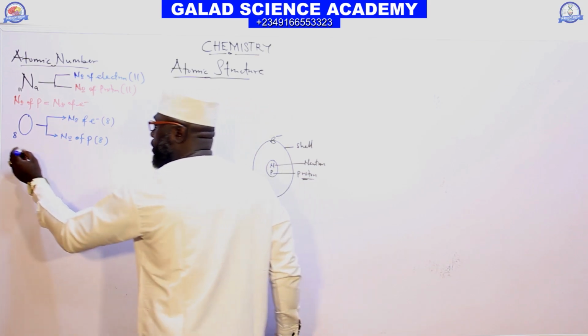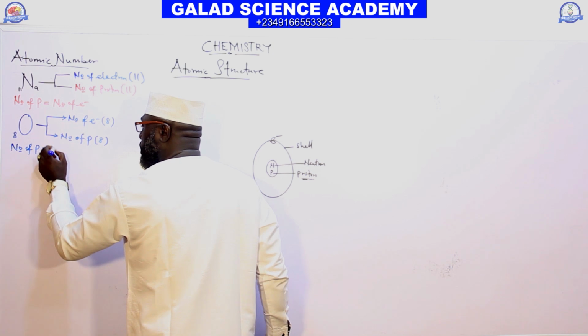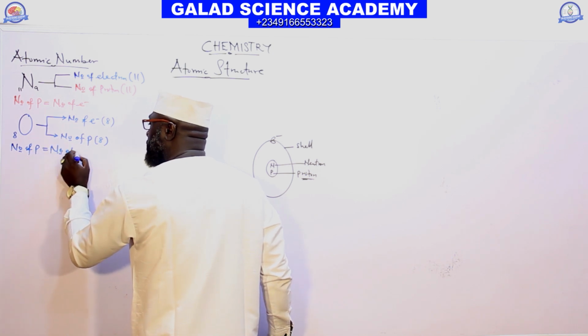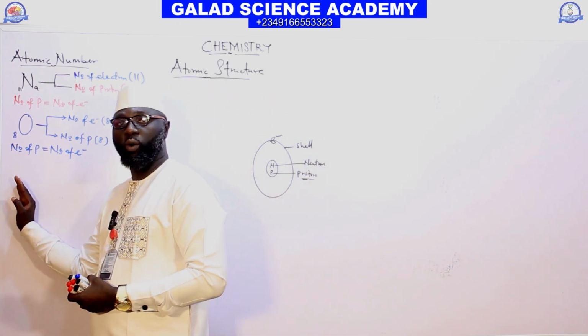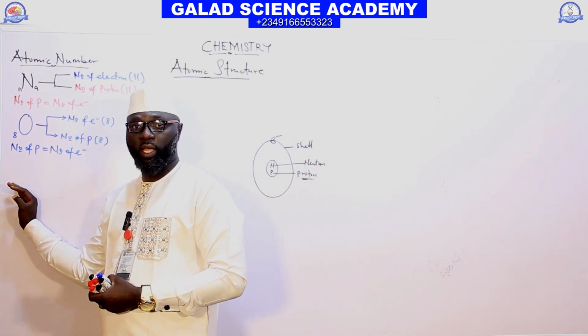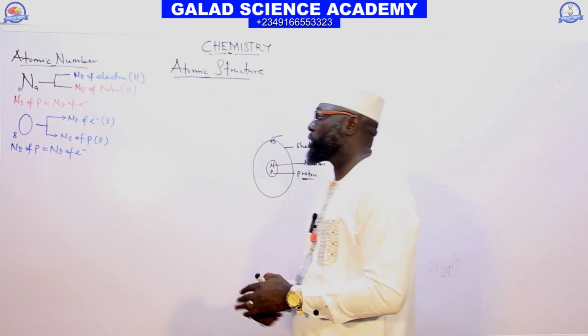So therefore, the number of protons is equal to the number of electrons. So that is atomic number.